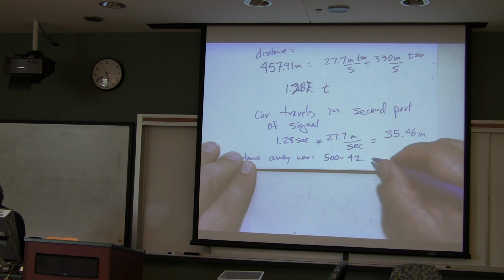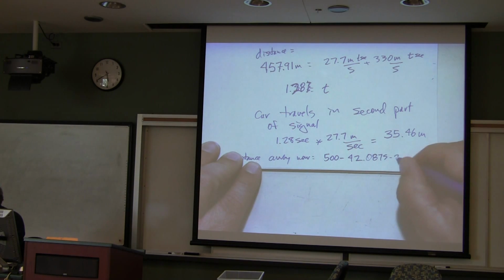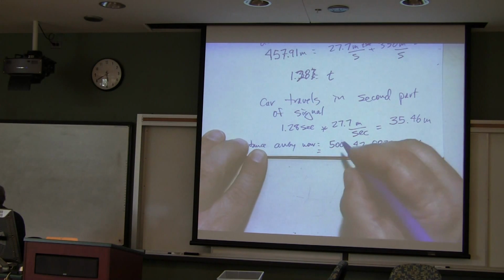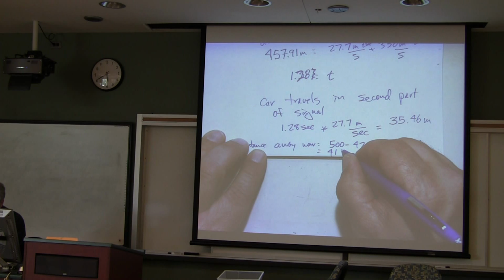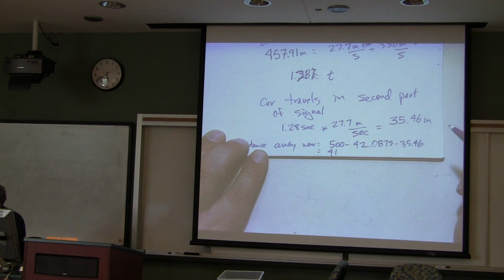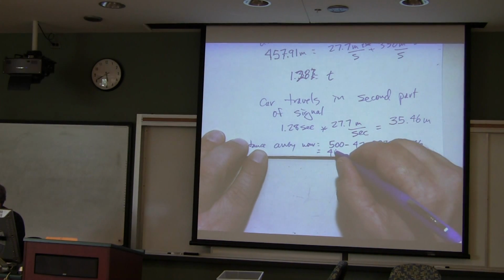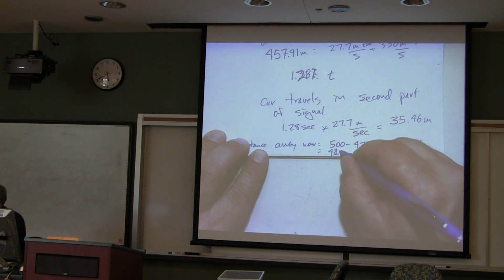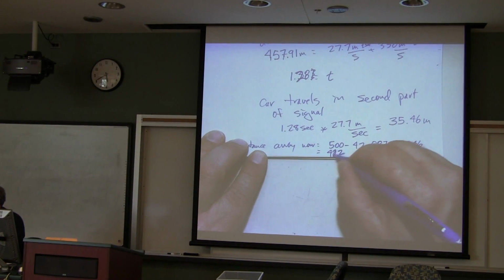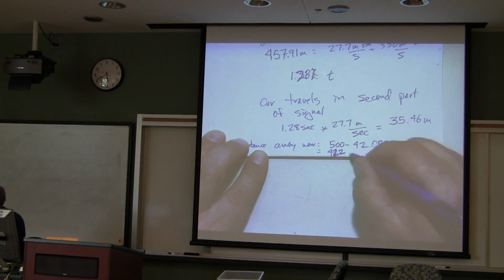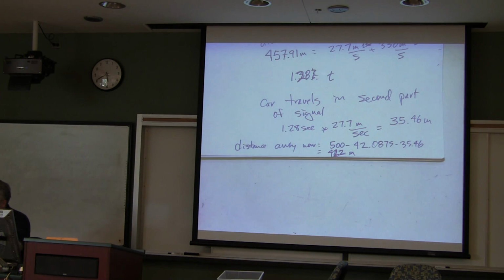I'm doing the total distance. 42.0875 minus 35.46 is equal to 419, it's supposed to be 419. I got 419, I got 422. No, you have to add up the total distance, the whole distance: 22.07 meters there, 38.55 back.